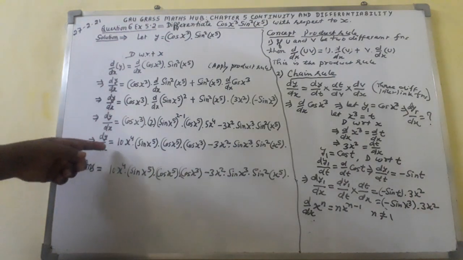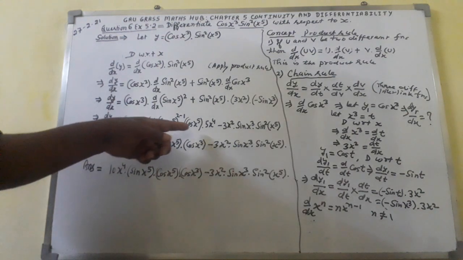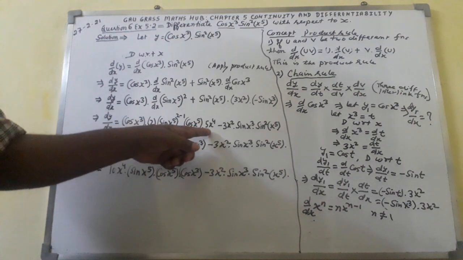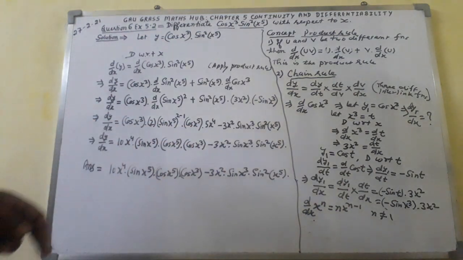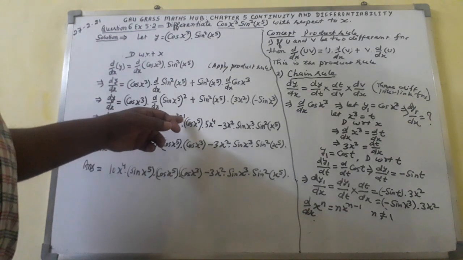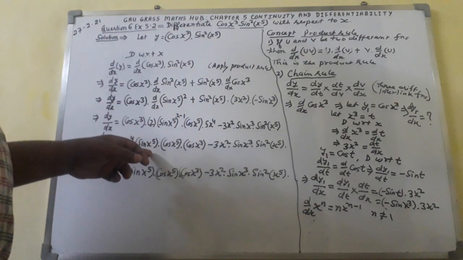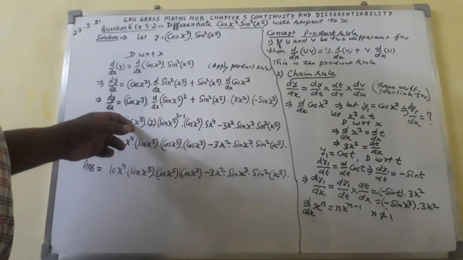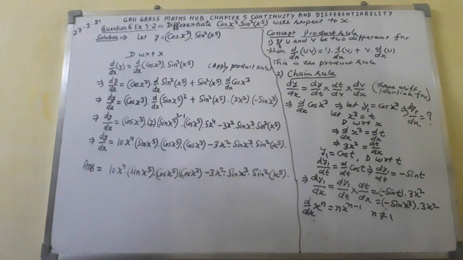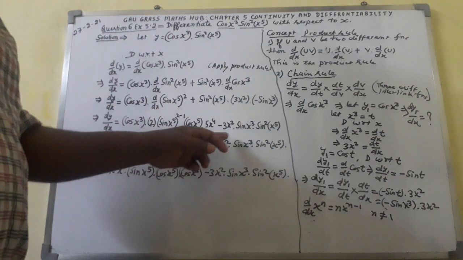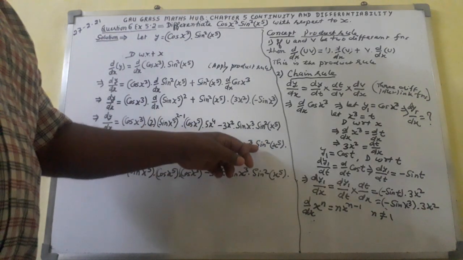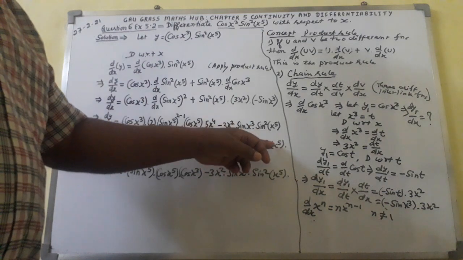Now d over dx equals: here 5 multiplies with 2 and we get 10, and x raised to power 4. Sin x raised to power 5 we get, cos x raised to power 5 we get, and cos x raised to power 3 we get. And here again minus 3x square dot sin x raised to power 3 dot sin square x raised to power 5.